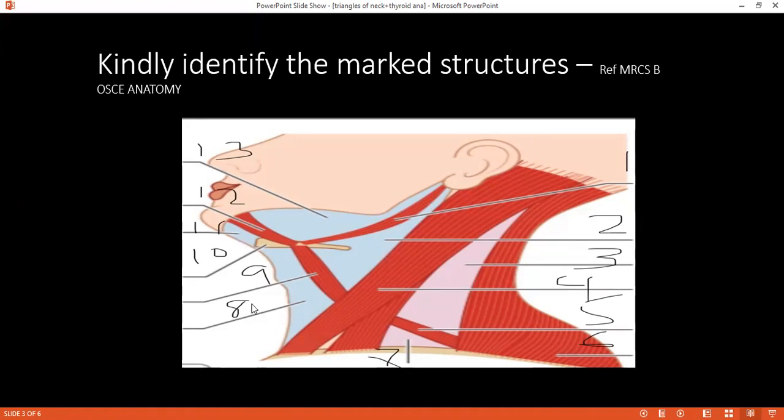In the digastric triangle, we have the submandibular gland, the facial artery, the lingual nerve, and the submandibular lymph nodes. Very good.